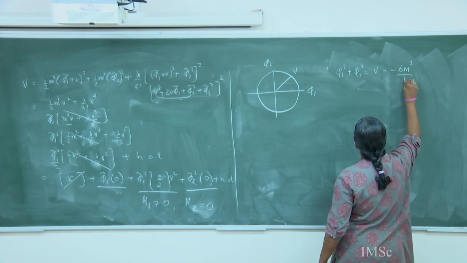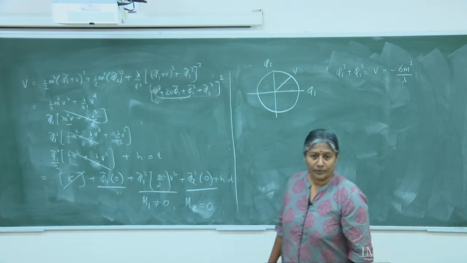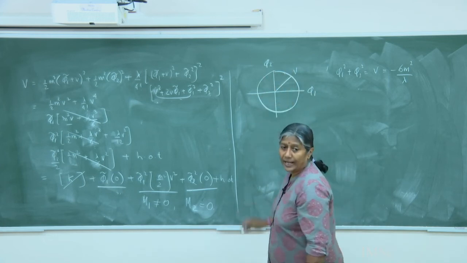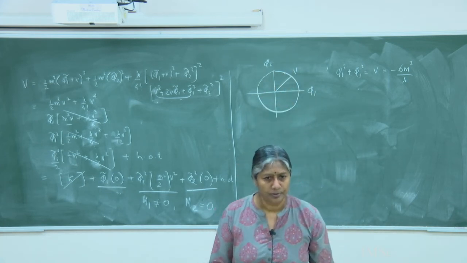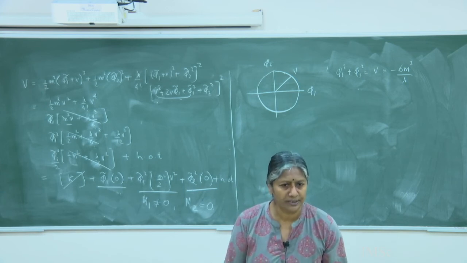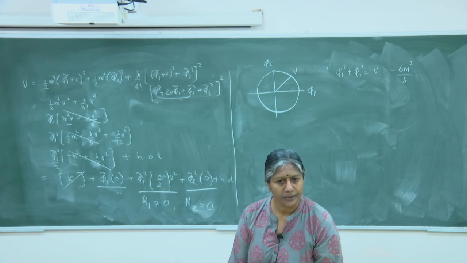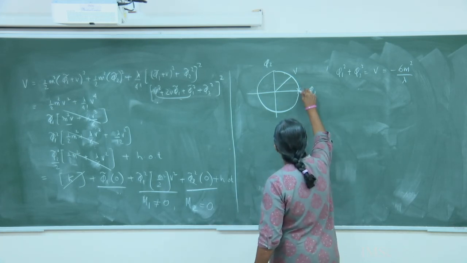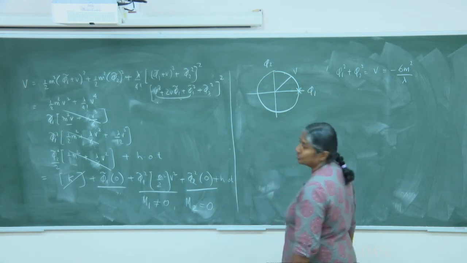I am not changing that. Every solution on this line is a minimum energy solution, because that minimizes the potential and therefore it minimizes the Hamiltonian, right, and therefore the energy is minimum. Okay, I have chosen to expand my theory around this point as the ground state.